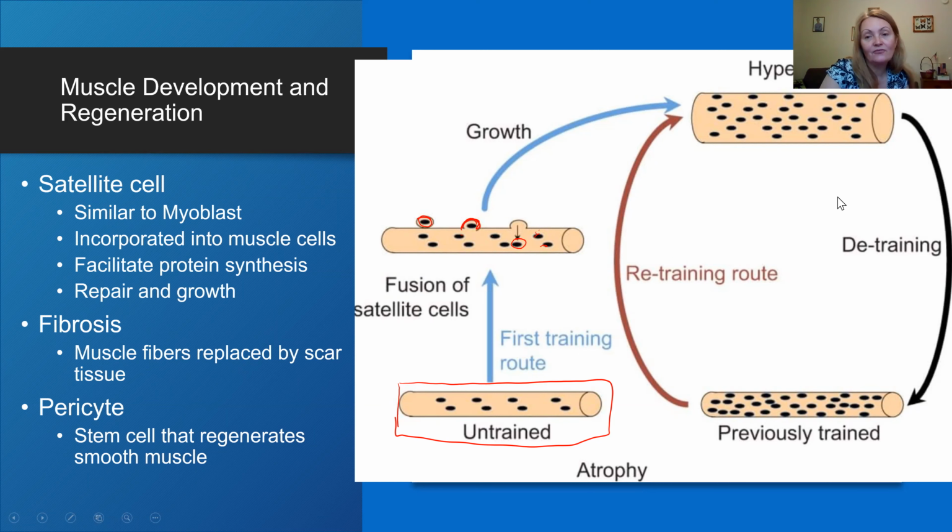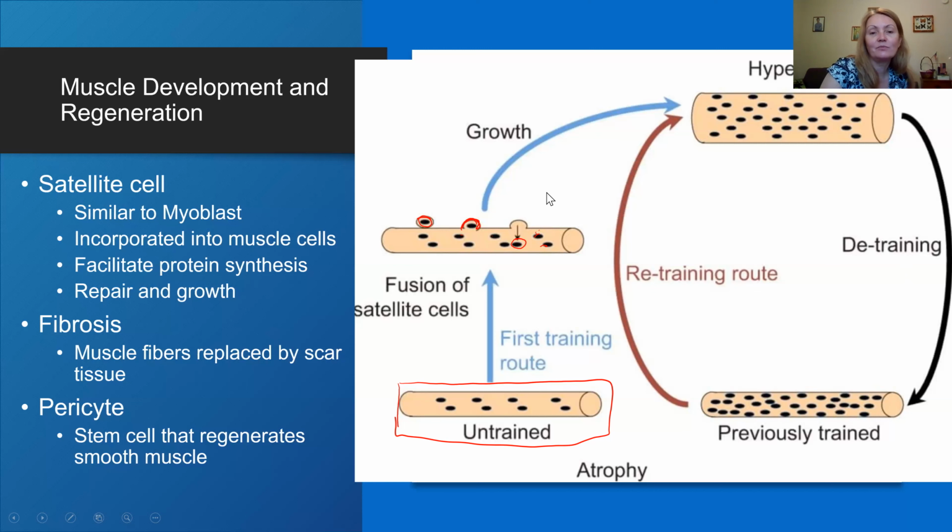And then if you stop your training, so detraining, you can see that muscles can return back to their original size, but you still have so many extra organelles to begin with. So it's going to be easier to retrain your muscles.